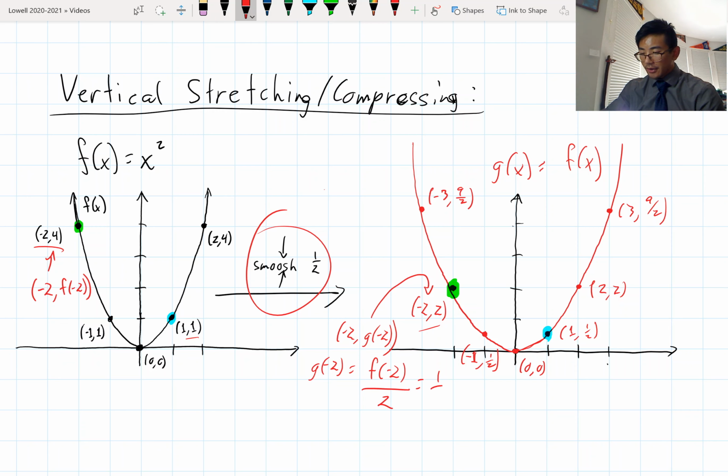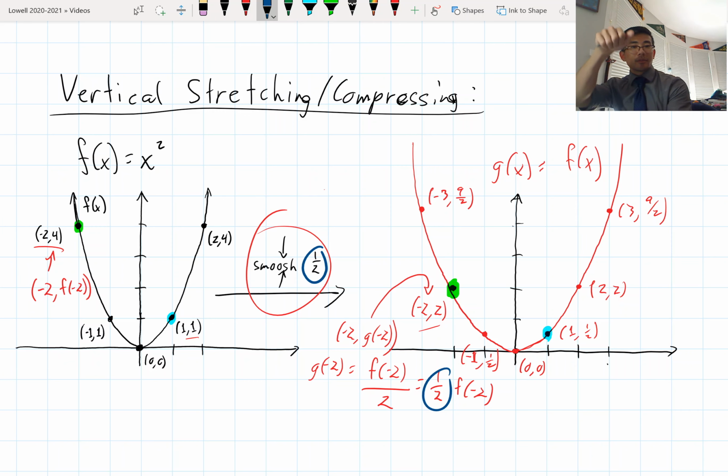Or another way I could write it, this would probably make more sense because we can actually see the compression factor, if you will, right here. I smushed it by 1/2, and I just multiplied the original y value by 1/2. And so really, g of x is just equal to half of f of x.